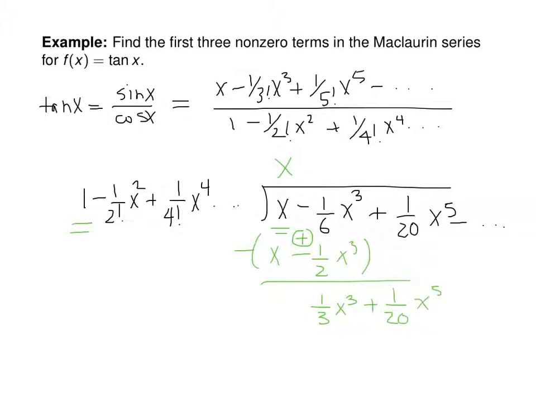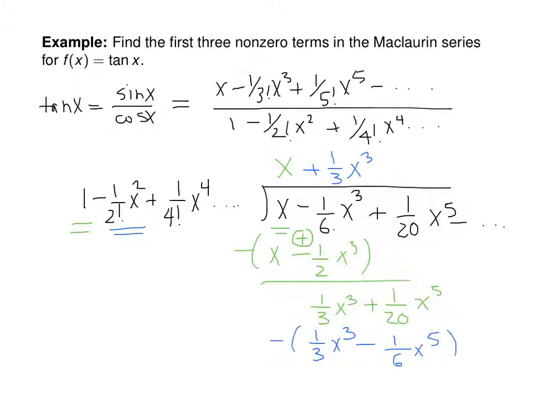And then you think, what do you multiply this by to make it match 1/6 x to the 3rd? It's going to be positive 1/3 x. So it'll give us 1/3 x to the 3rd minus 1/6 x to the 5th.